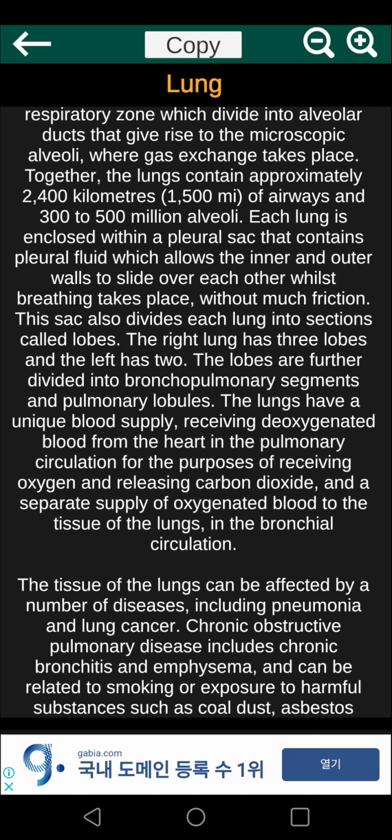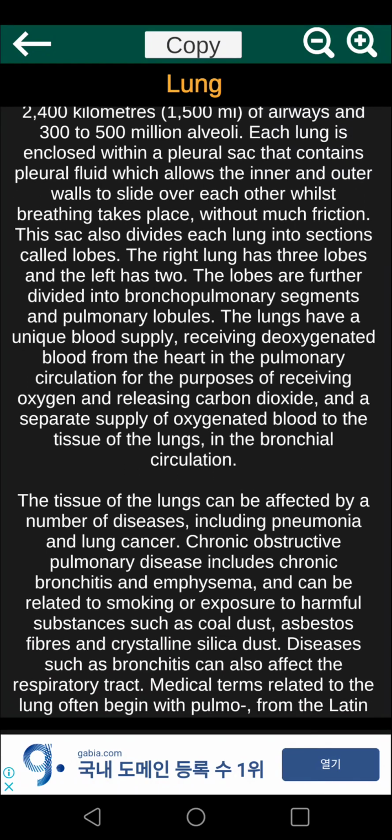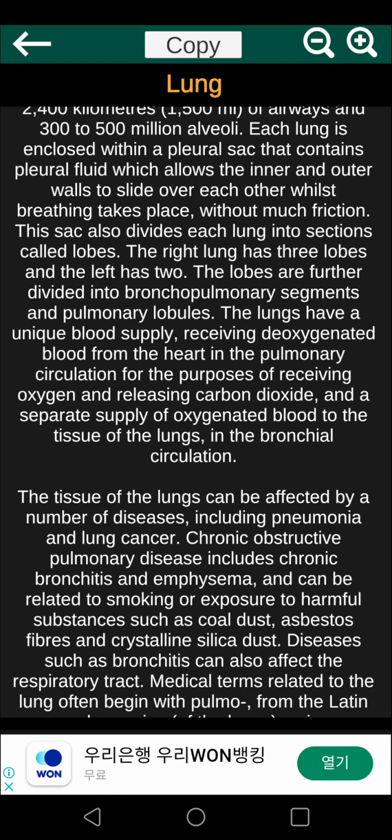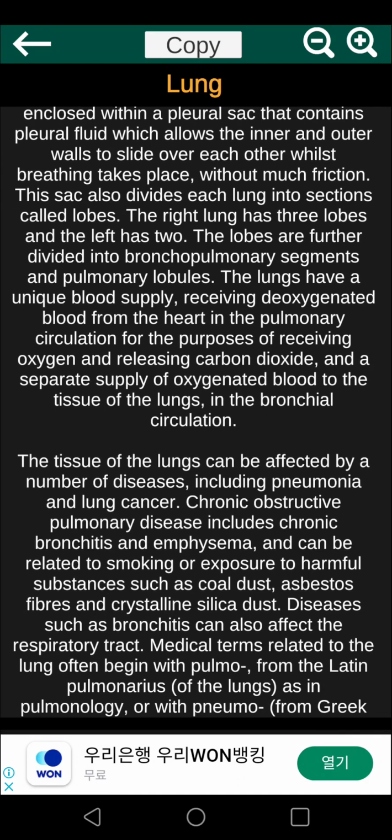Each lung is enclosed within a pleural sac that contains pleural fluid, which allows the inner and outer walls to slide over each other while breathing takes place without much friction.